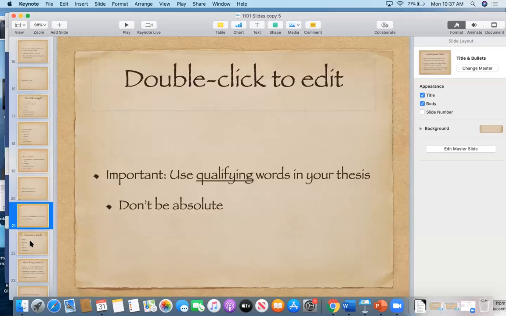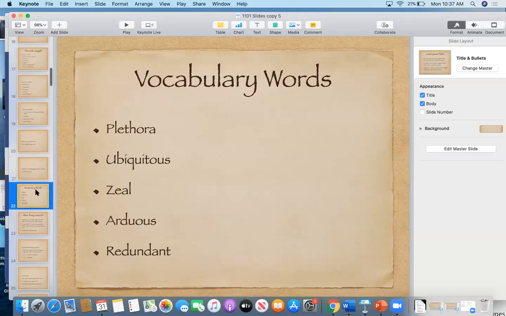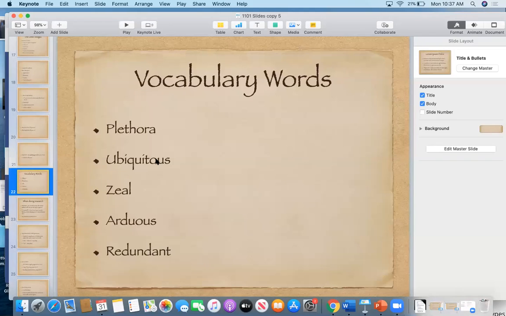Okay, just the last thing before I answer any questions. This is something that we do in class, but we don't really have the time to do it here. Usually at the end of many classes I'll give you a list of vocabulary words. This is nothing you'll be quizzed on. I had a student once for whom English was a second language, and he was trying to get familiar with some vocabulary words.